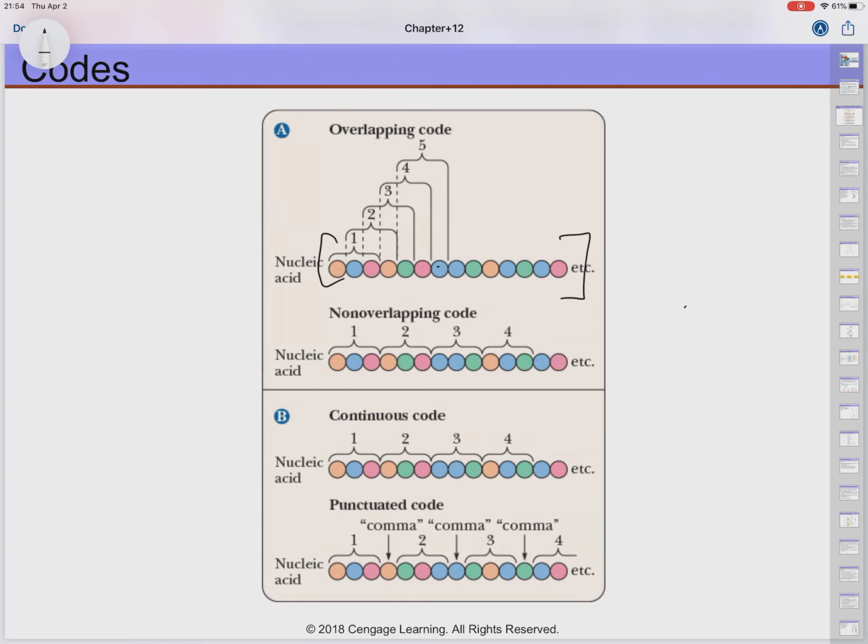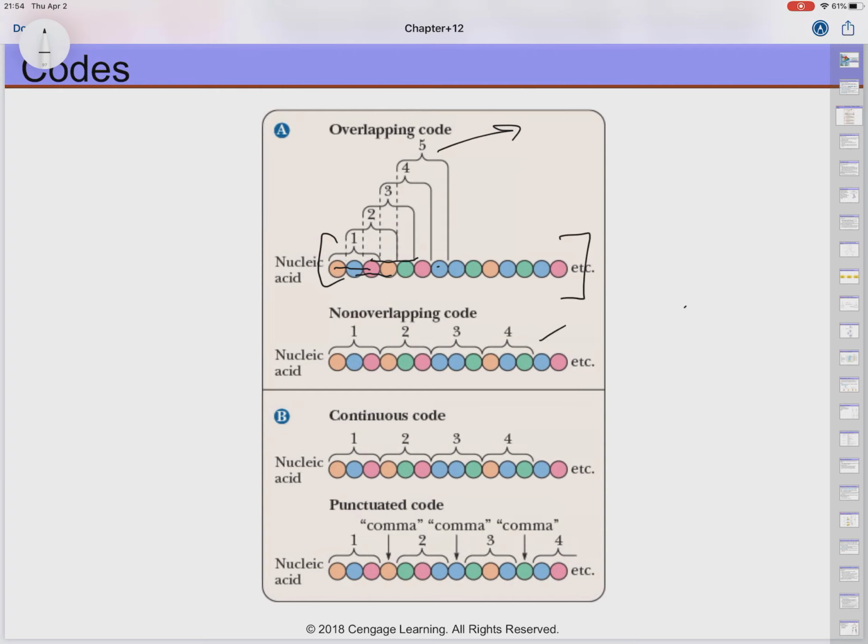And here it's only shown 5 different ways of reading this. But we could read these first 3 as a code, or we could read these 3 as a code, or we could read these 3. Oops, it's the same. No, those 3 as a code. So you can see that different ways. And then from there, of course, every 3 after that. And so you could transcribe a piece of mRNA many different ways and get lots of different proteins, and we don't see that. So we know we have a non-overlapping code.